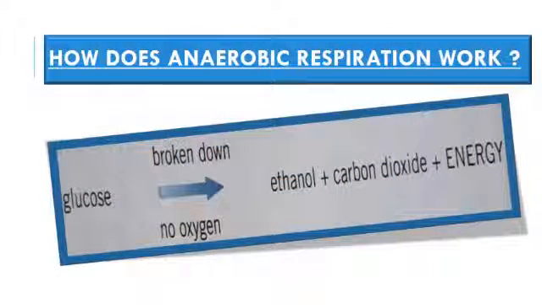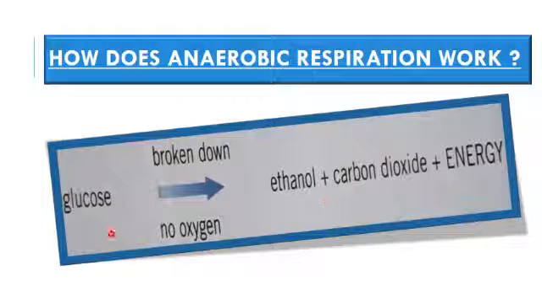So you can see anaerobic respiration without oxygen also takes place in plants, and the equation for anaerobic respiration in plants is, you can see, that glucose is broken down without oxygen to give you ethanol, carbon dioxide, and energy.